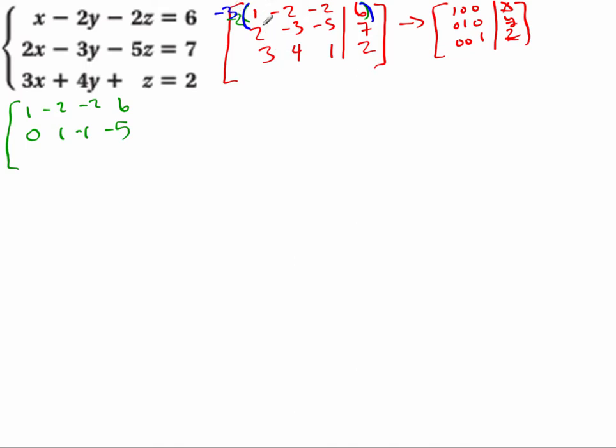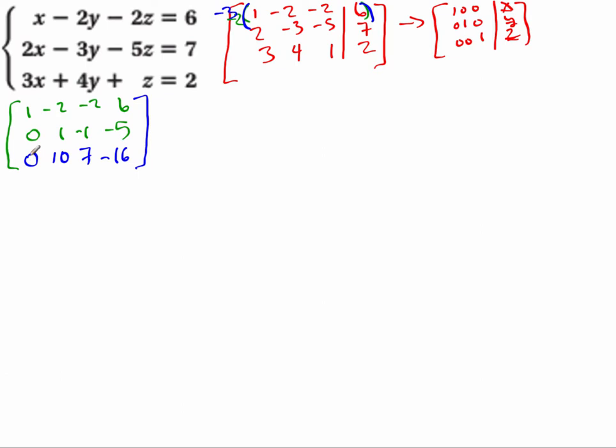Well, -3 times 1 is -3, plus -3 is 0. -3 times -2 is 6, plus 4 is 10. -3 times -2 is 6, plus 1 is 7. -3 times 6 is -18, plus 2 is -16. All right, so what I've done here is I've eliminated the x variable in the second two equations.